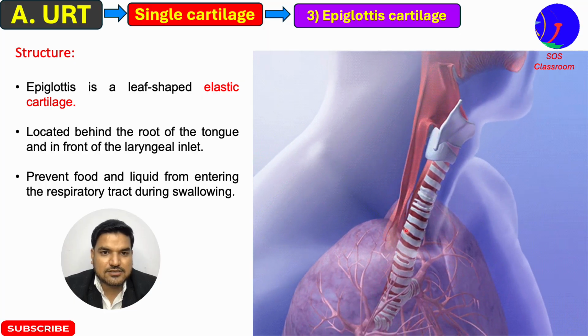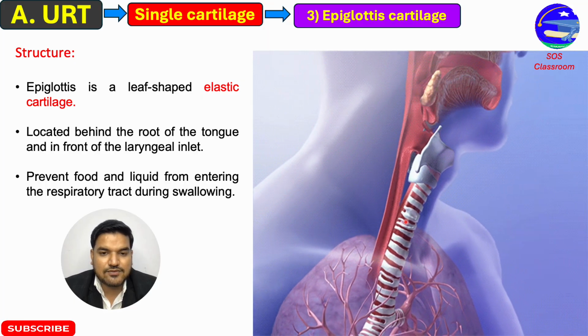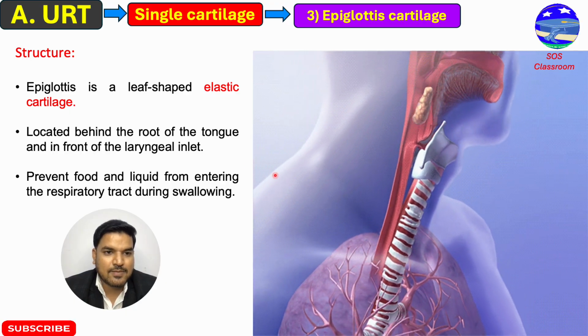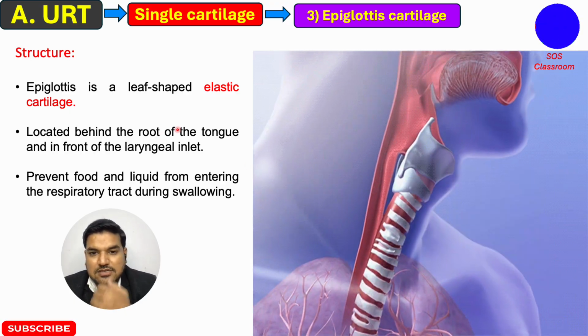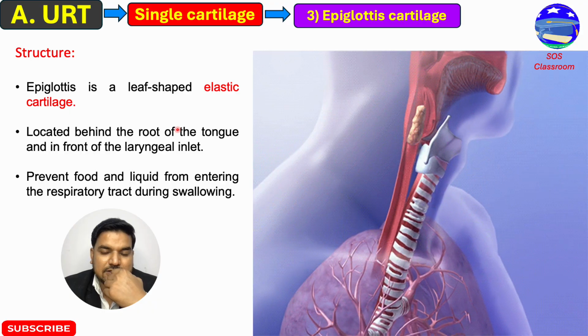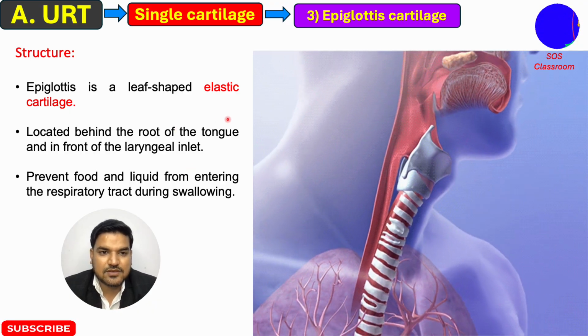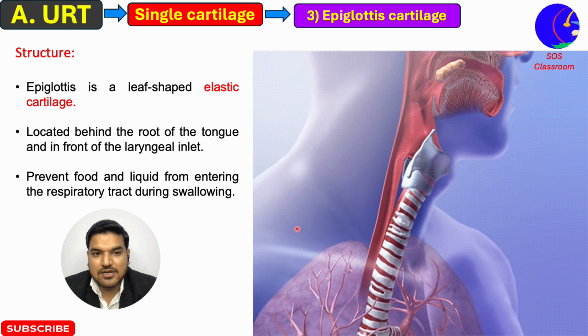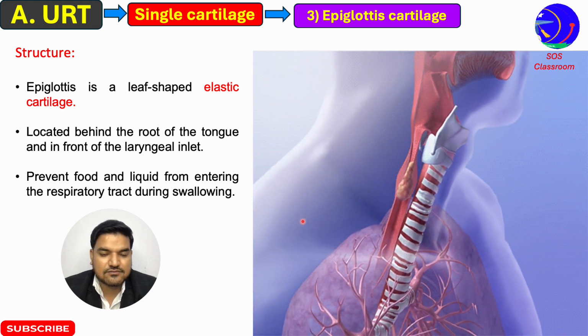Next is the epiglottis. The epiglottis cartilage is helpful for closing the trachea during swallowing of food. The epiglottis cartilage is leaf-shaped and made of elastic cartilage.